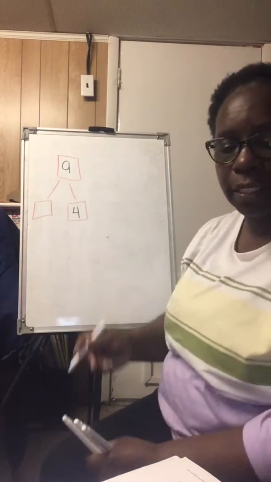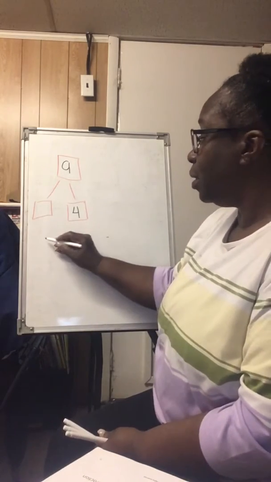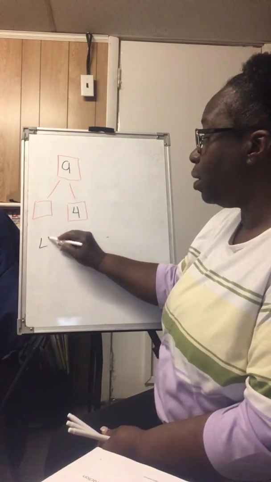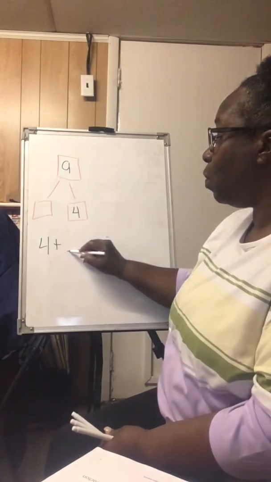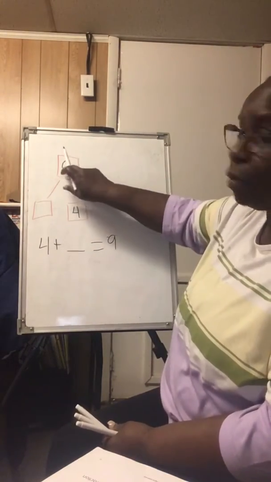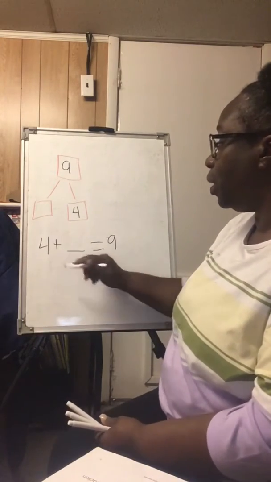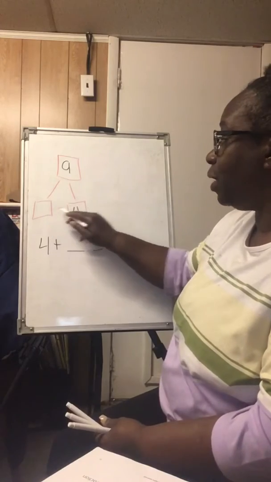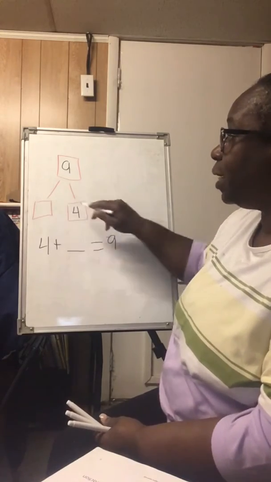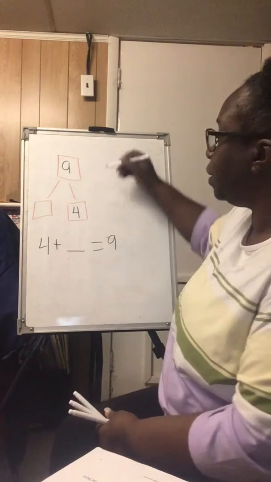So, working the same way we just did. Think about it. 4 plus what equals 9? Because 9 is what we have in our big block, okay? And we know that this and this have to equal, put it together or add to equal what's in this one. So let's do the same strategy.